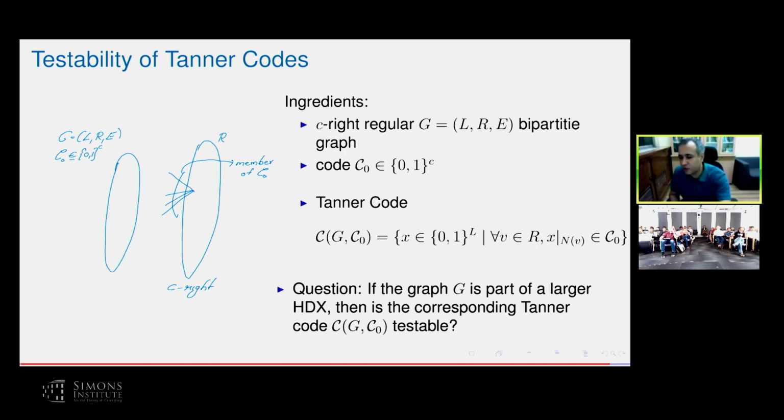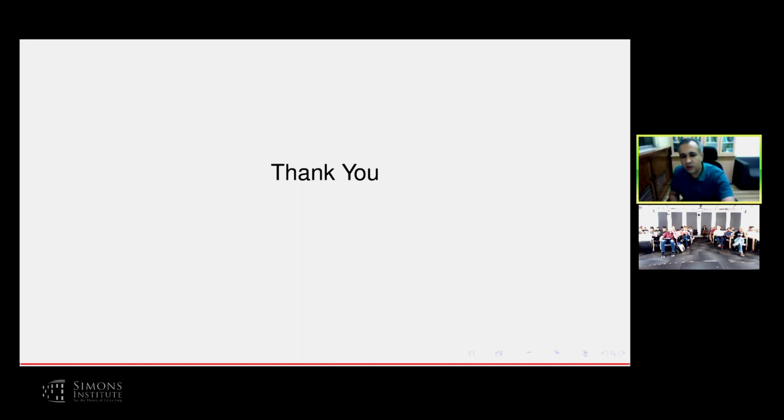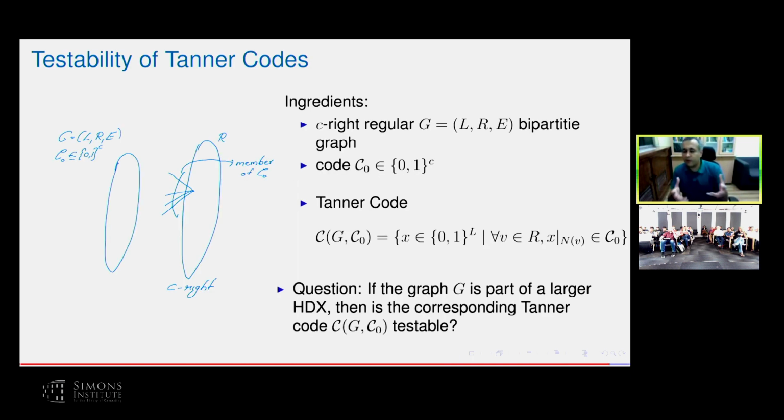This has been an intriguing question for a while, and this is what I wanted to talk about. So we had this notion of expanding codes: expanders gave rise to codes with fantastic properties, but the very same fact that it was an expander showed that just expansion is not sufficient to prove local testability.